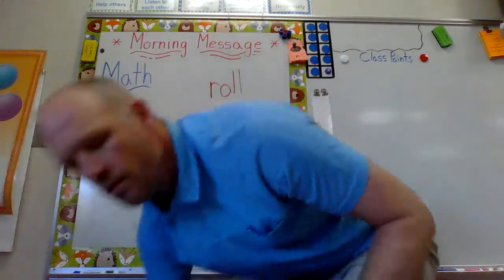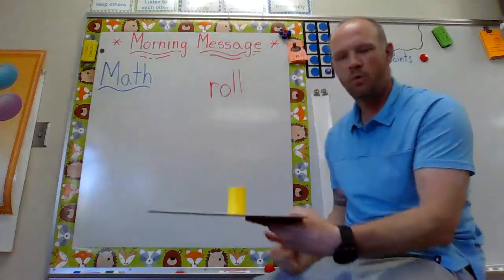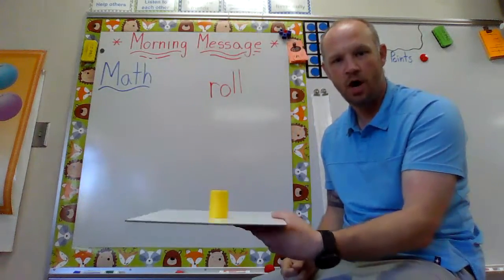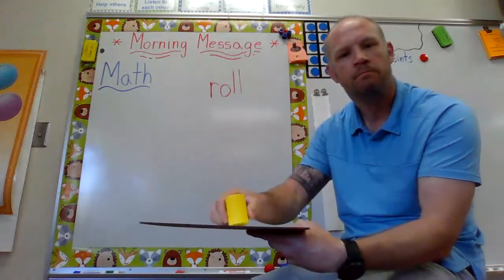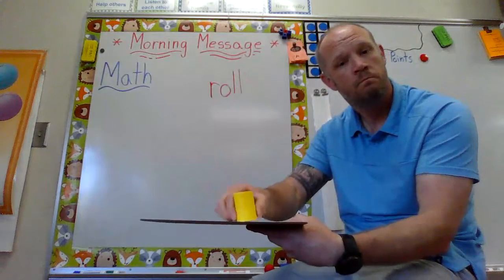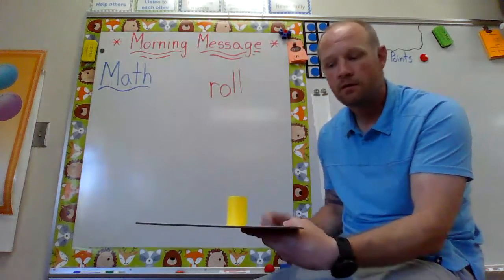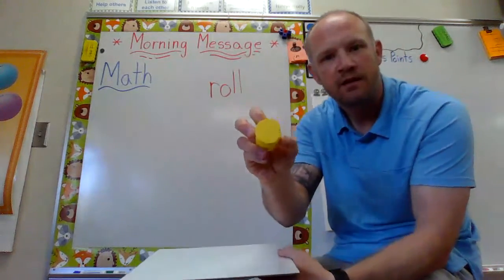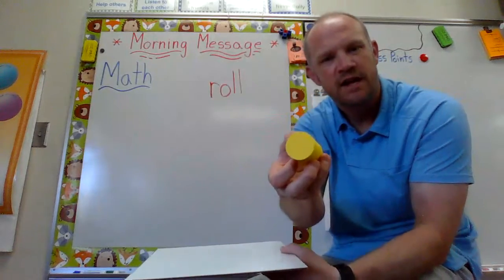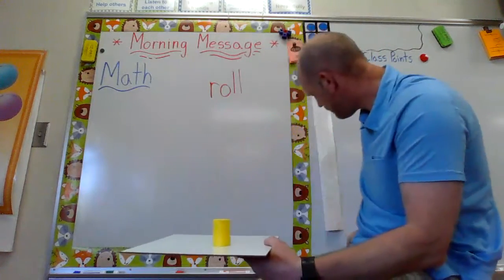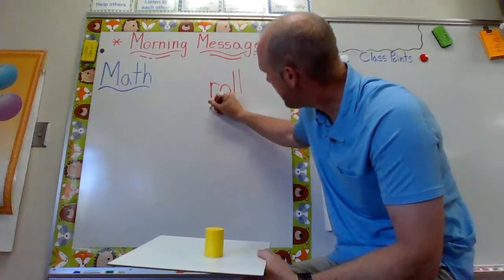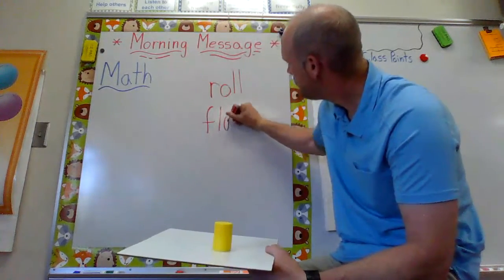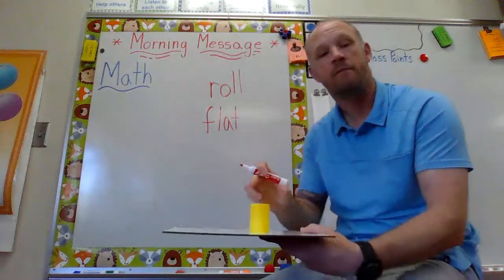Now, what about now? Is it rolling? No. So how could you describe the shape now? Maybe, if you look at that side, it's flat, isn't it? Well, if it's flat, it can't roll, can it? But guess what?